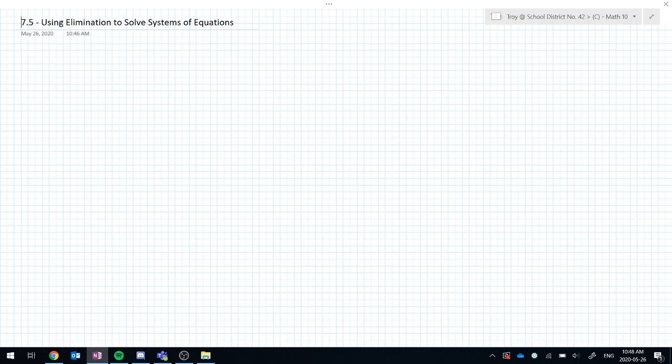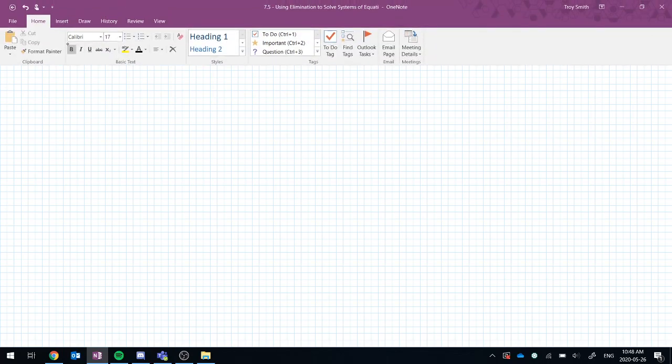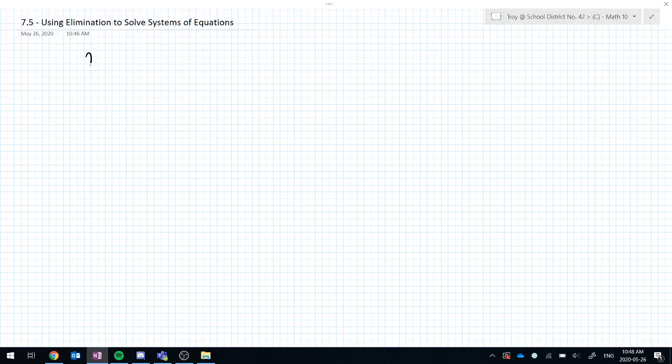So for example, if I had something like this equation, and to it I can add another equation like so. So I'm adding this entire equation to the first one.